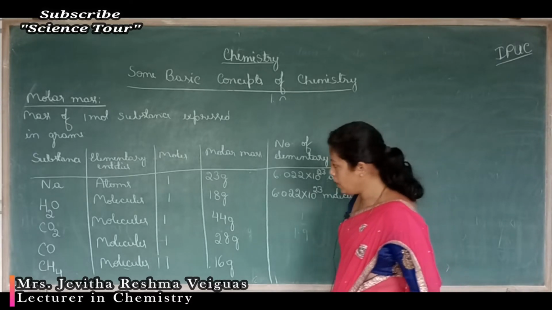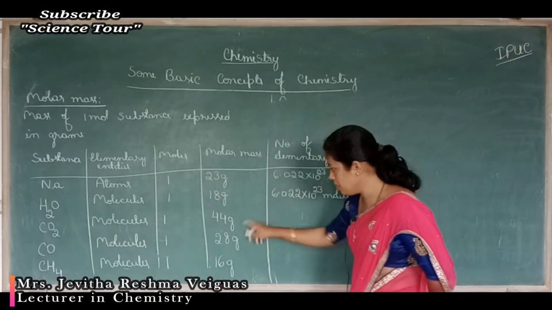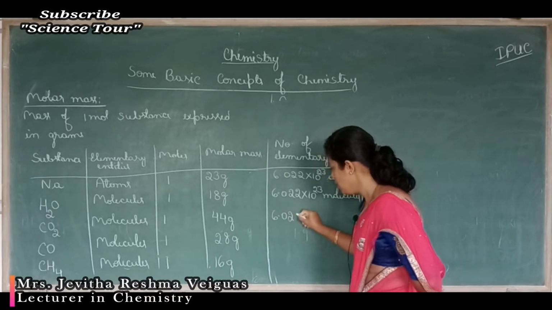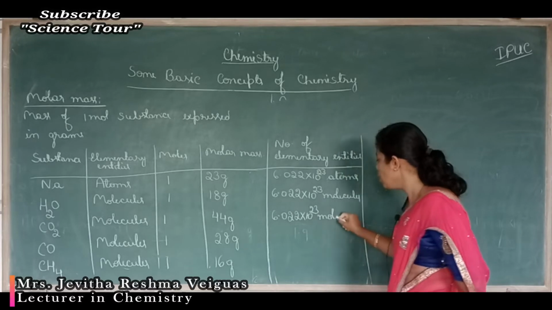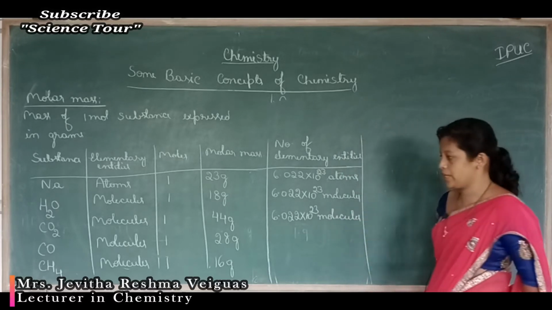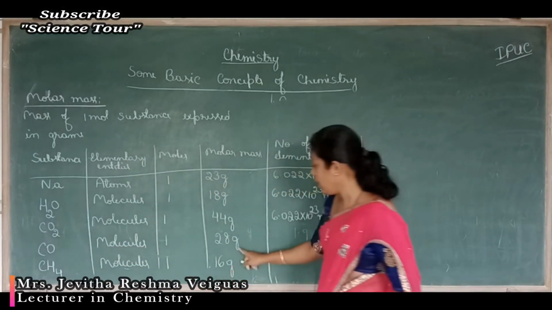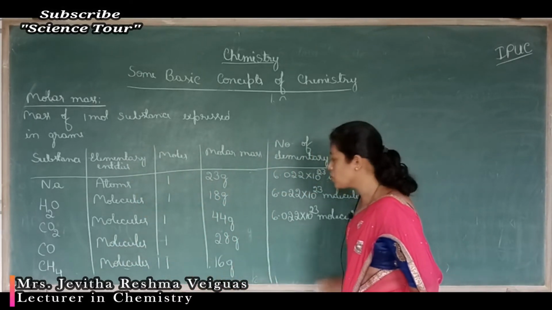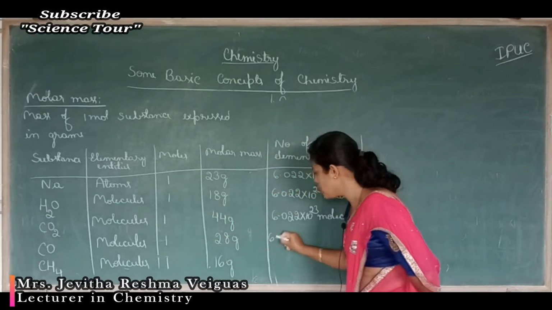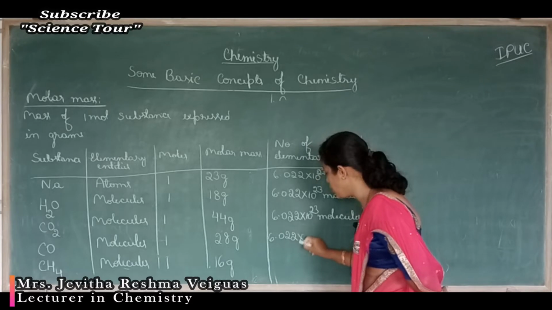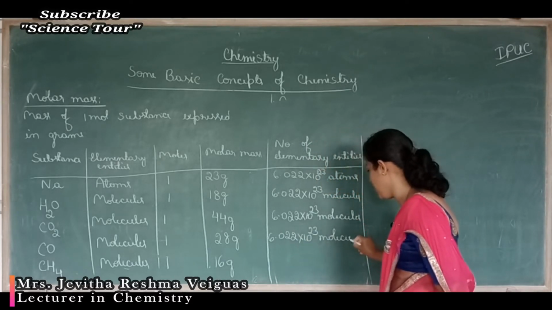Very similarly, 1 mole of carbon dioxide, mass 44 grams, also contains 6.022 into 10 to the power 23 molecules of carbon dioxide. Let's take carbon monoxide. We have 28 grams as its molar mass. Number of moles is 1. That also contains 6.022 into 10 to the power 23 molecules of carbon monoxide.